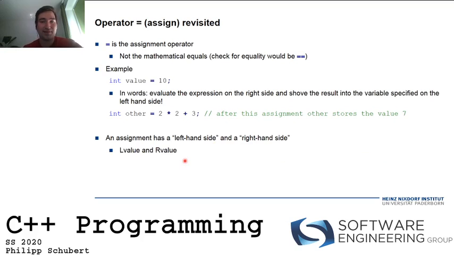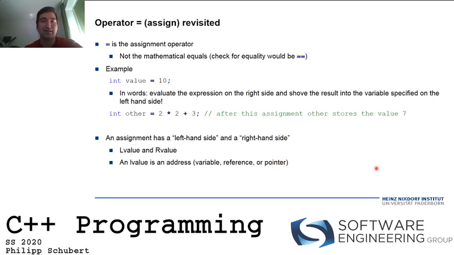And on the left-hand side you have an L value, and on the right-hand side you have an R value, for left and right. And an L value is essentially an address, some memory address of your computer. So basically it's a variable for now. Later on we can also have references and pointers on the left-hand side.